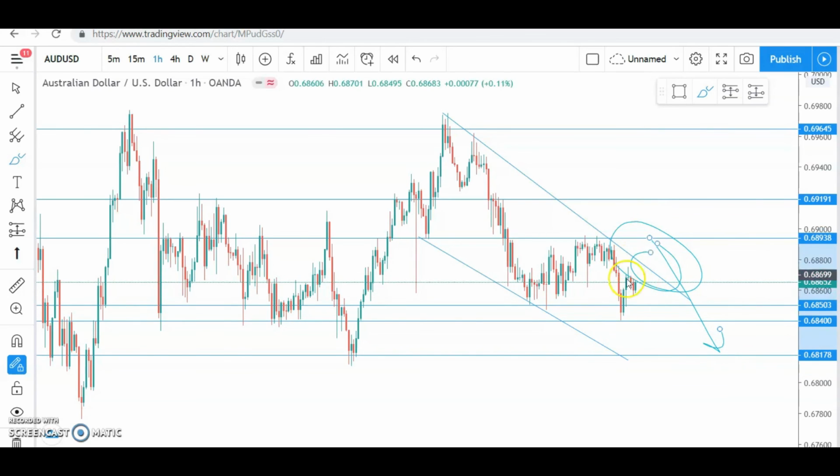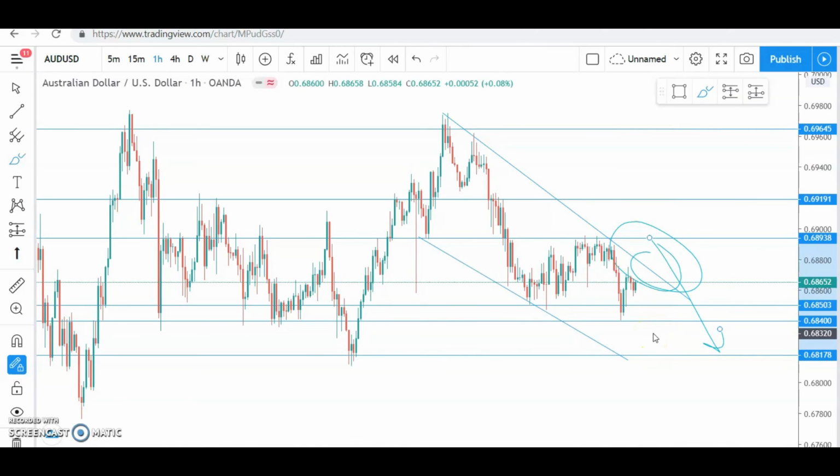I don't want to force a setup here. I'm just going to wait and be patient. They say trading is 90% patience and 10% buying and selling. So I'm going to wait for it to properly form, to reach this level, and then I'm going to short it right about there. So this is it for this week.